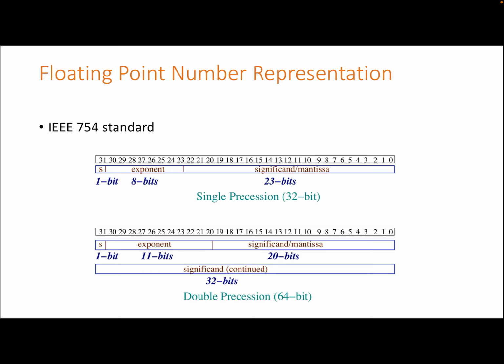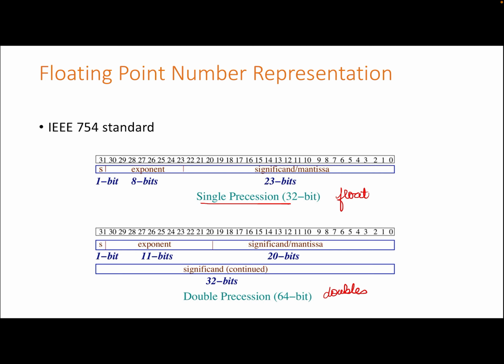The IEEE 754 standard has two formats for binary floating point representation. The data type float uses the IEEE 32-bit single precision format, and the data type double uses the 64-bit double precision format.